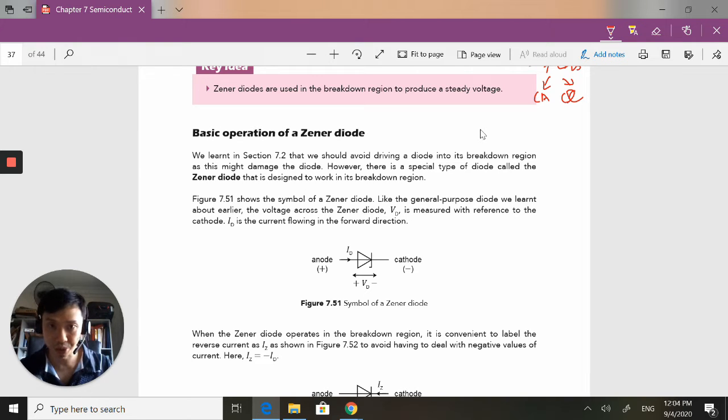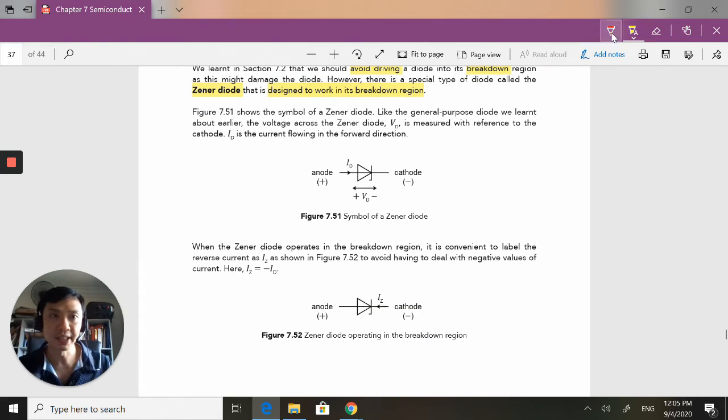You're going to damage your diode. But the funny thing about the Zener diode is that we do want to operate it in the breakdown region. The normal diode, we avoid driving it into the breakdown region, but the Zener diode is designed to work in the breakdown region. So we want to work it in the breakdown region. I'll explain to you how it works.